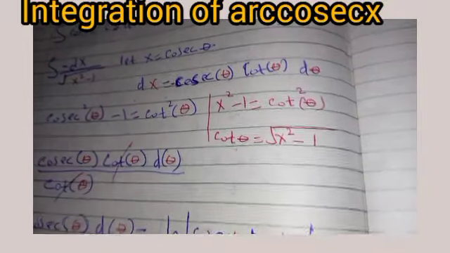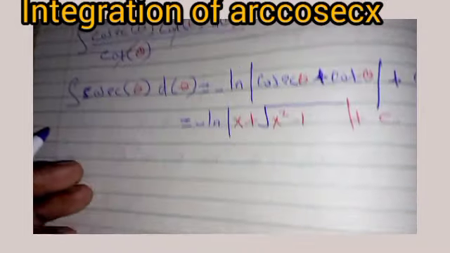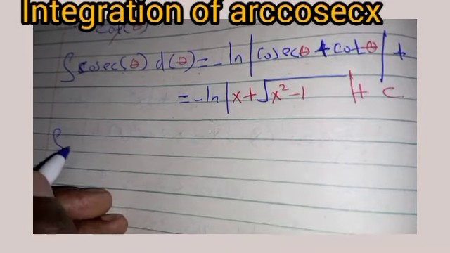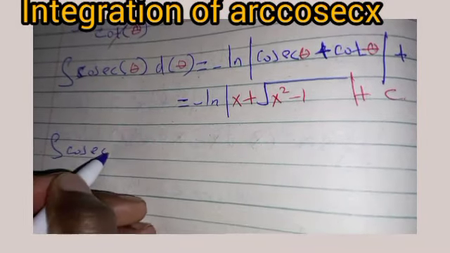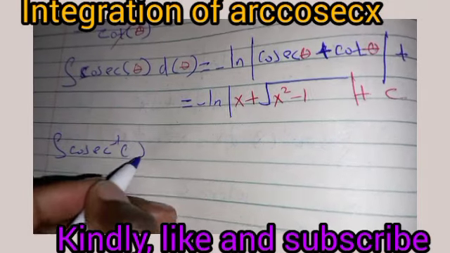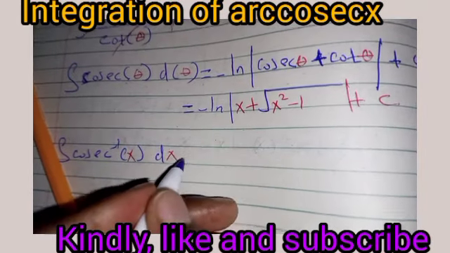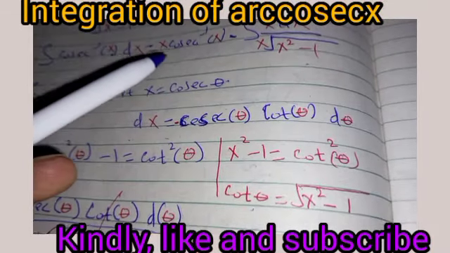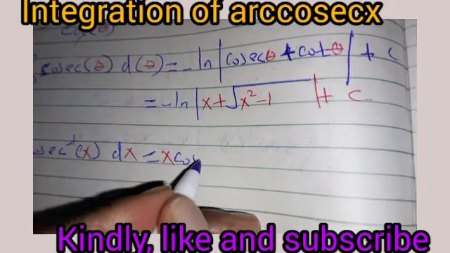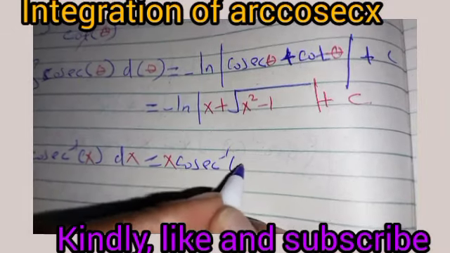So we come back here and substitute. The objective was to get the integral of cosec inverse of x dx, which is equal to, up here we found x multiplied by cosec inverse of x.